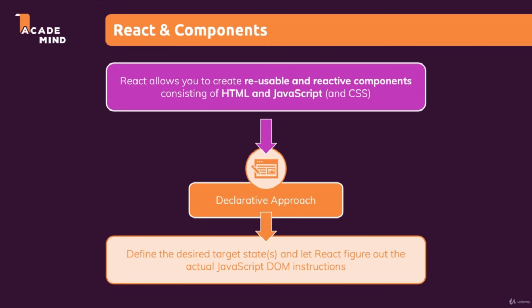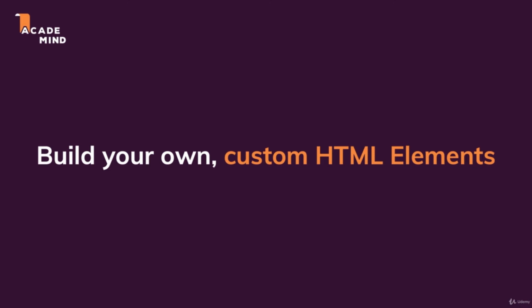And then React will do all of the rest under the hood. It's a bit like magic. It's of course not actual magic, but it will make your life as a developer much easier. So you could say that in the end, we just build our own custom HTML elements and we combine them together for building a user interface. But that's enough of the theory for now. Let's now finally dive into some code and start building these components.